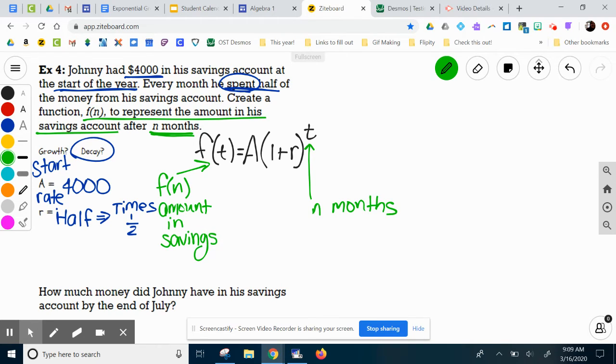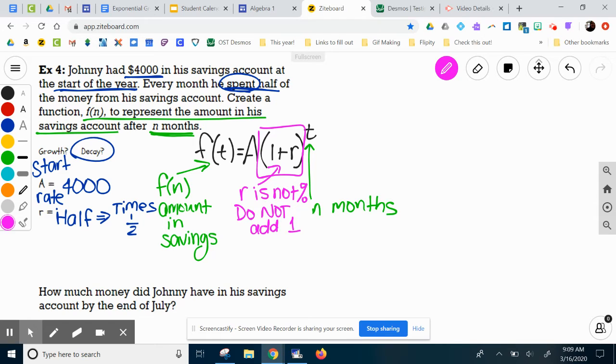And then just like number 3, this time our 1 plus r does not apply because r is supposed to be a percent. So r this time is not a percent. So we do not add 1.